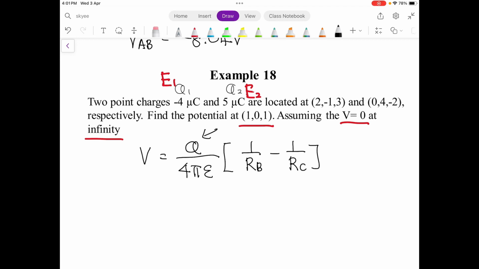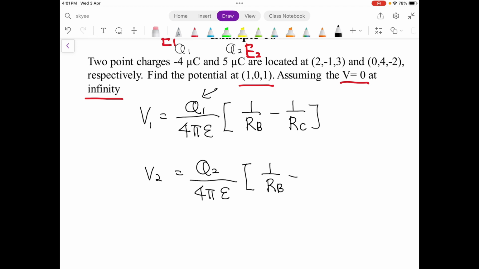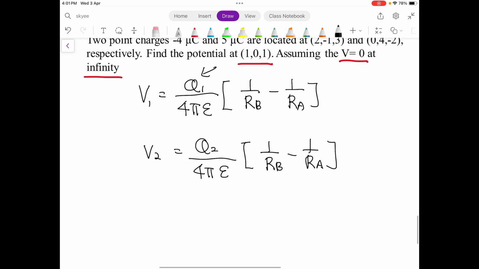If you have a second charge, this one will be Q2, then Q2 over 4 pi epsilon, then 1 over RB minus 1 over RA. This one should be RA. You follow the formula.